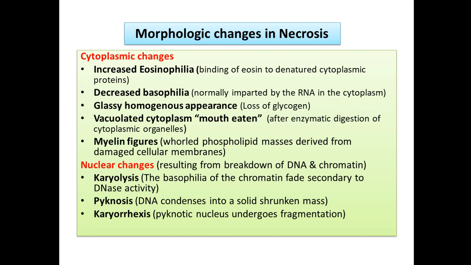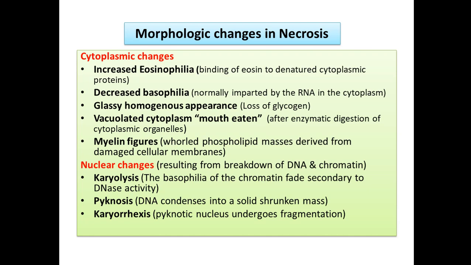In cell injury the cytoplasmic proteins are denatured and there is increased binding of the pink eosin to these denatured cytoplasmic proteins, and under the microscope we will see increased pink appearance of the cytoplasm, that we call increased eosinophilia.